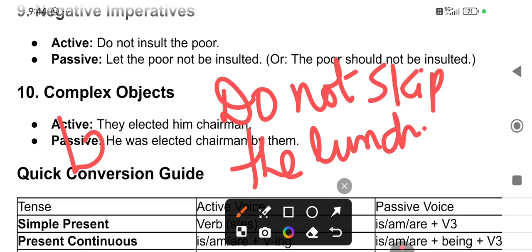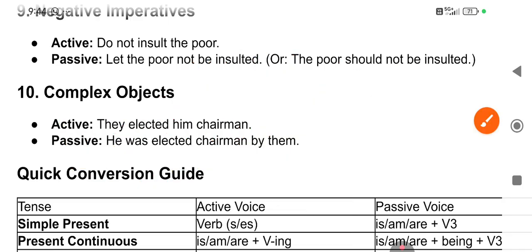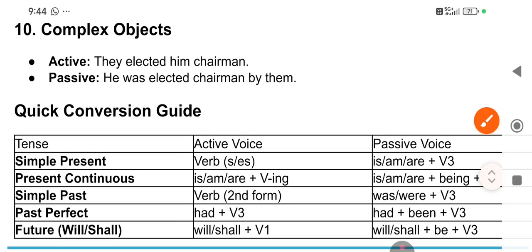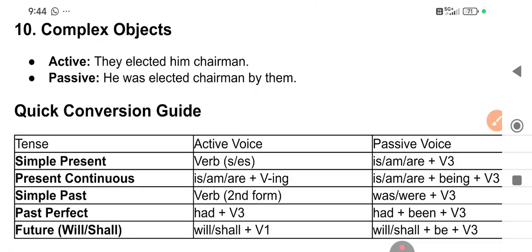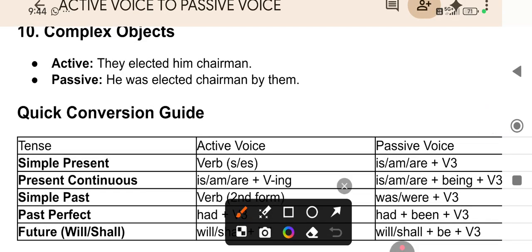So the lunch, let the lunch not be skipped. Let the lunch not be skipped. Like this. Then last is complex objects. Complex objects: they elected him chairman. So they elected him.